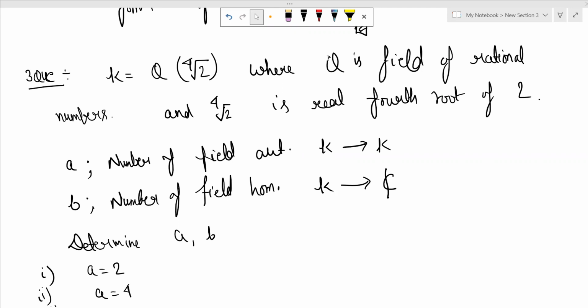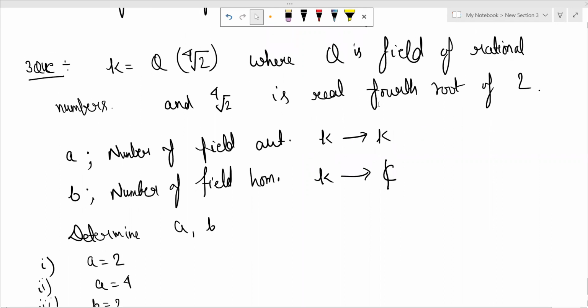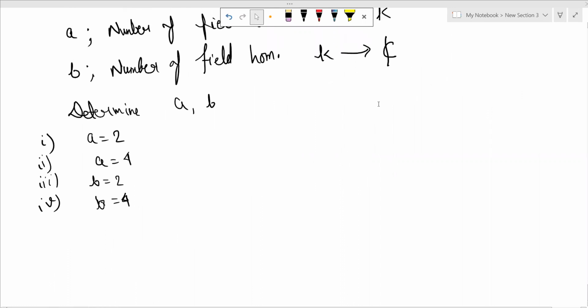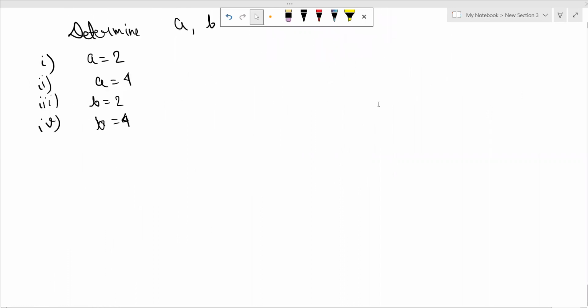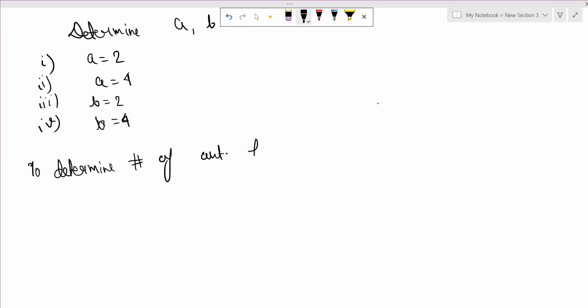So Muthukumar gave a definition of a field automorphism. Now the question says, determine the number of field automorphisms from K to K. So how will you tackle such kinds of questions?